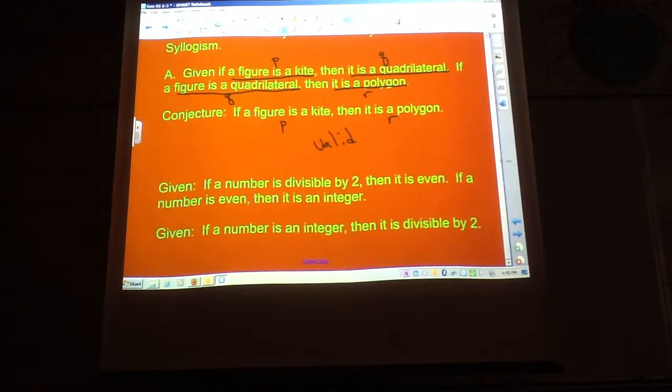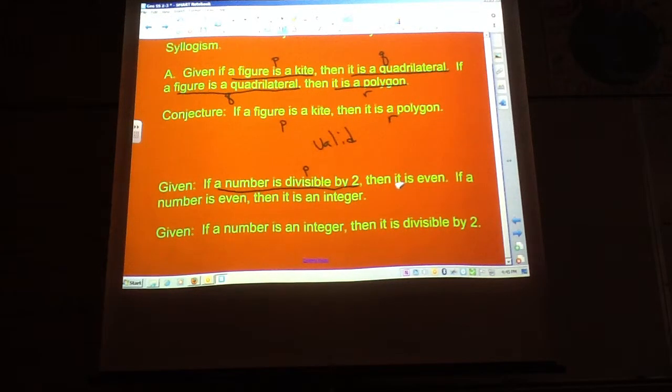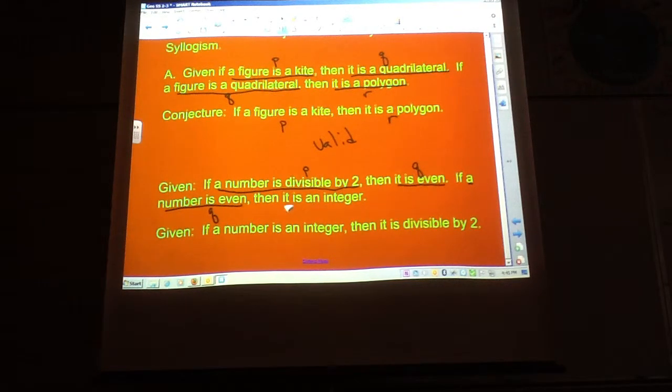Let's see if we have another valid one right down here. It starts off again with the first hypothesis, a number is divisible by 2, that would be our P. It is even would have to be our Q. Notice that this better be our Q, and it is here, to imply something new, which is it is an integer, would be our R. So remember the law of syllogism starts us back with P. So let's see, a number is an integer.